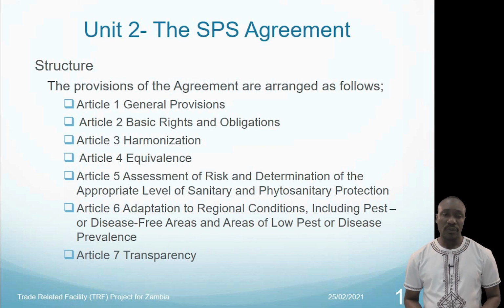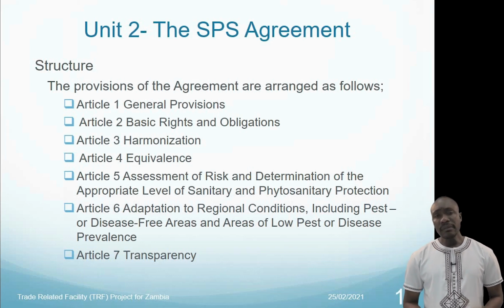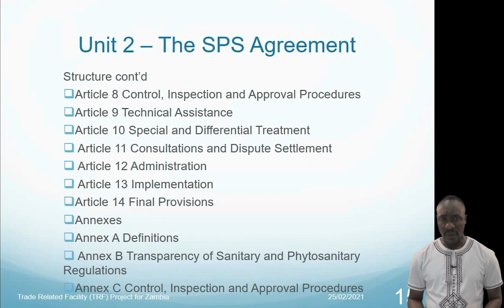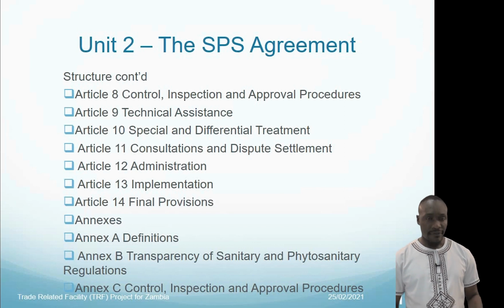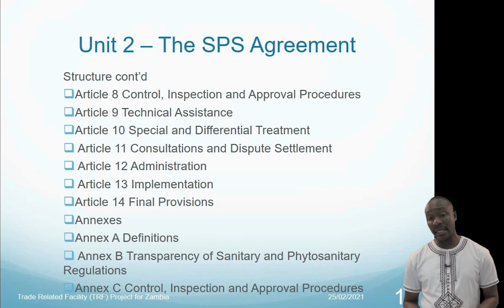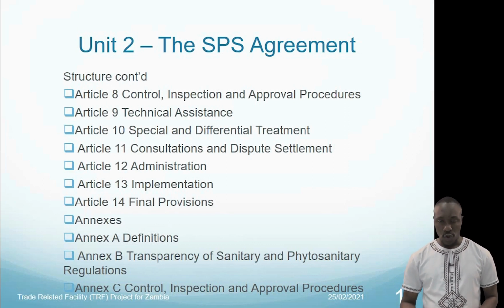Adaptation to regional conditions, disease-free areas, areas of low pest or disease prevalence. You have Article 7 on transparency, Article 8 on control, inspection, and approval procedures, Article 9, technical assistance, 10, special and differential treatment, then consultations and dispute settlement, administration, implementation, the final provisions, and thereafter you have the annexes: Annex A, B, and C, definitions, transparency, and control, respectively.